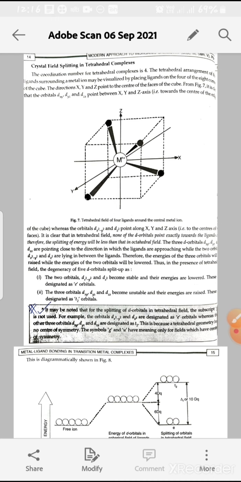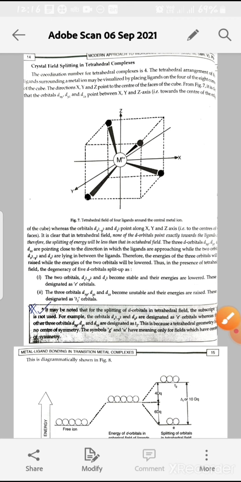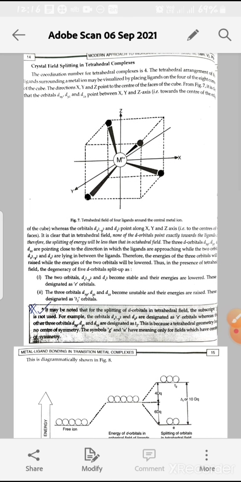If we take the dxy, dyz, and dzx orbitals, they are in between the axes, so they are nearer to the approach of the ligands, whereas along the principal axes there are no ligands, exactly towards dx square minus y square and dz square.